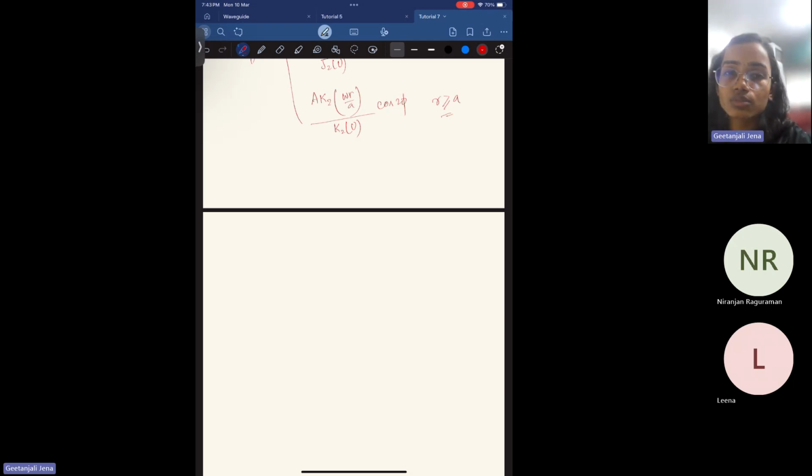For this, what you need to do? You know that all depends on the V parameter, right? So the first thing that you need to calculate is the V parameter for that given fiber.